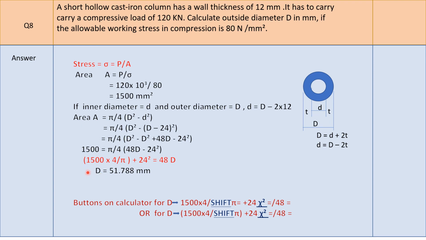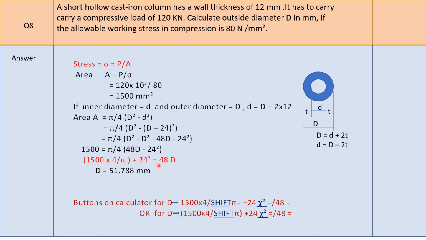Take the calculator in your hand and start from here, and remember that you have to put one bracket. If you don't put this bracket, your answer may go wrong, and when you reach the pi, press equal to. So let us start: bracket open 1500 into 4 divided by shift pi bracket close plus 24 square is equal to.